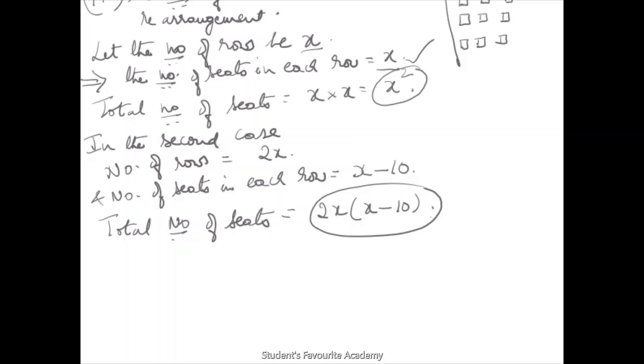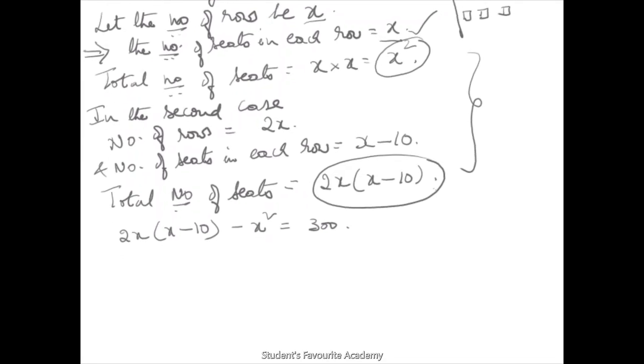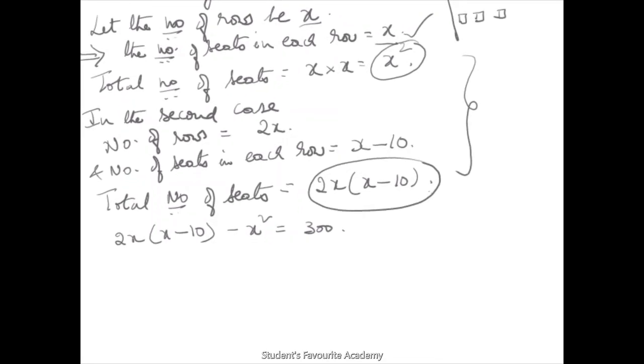Okay. Or you can say that the difference of these two is 300. So 2x into x minus 10 minus x square is equal to 300, right? The number of seats got increased by 300.